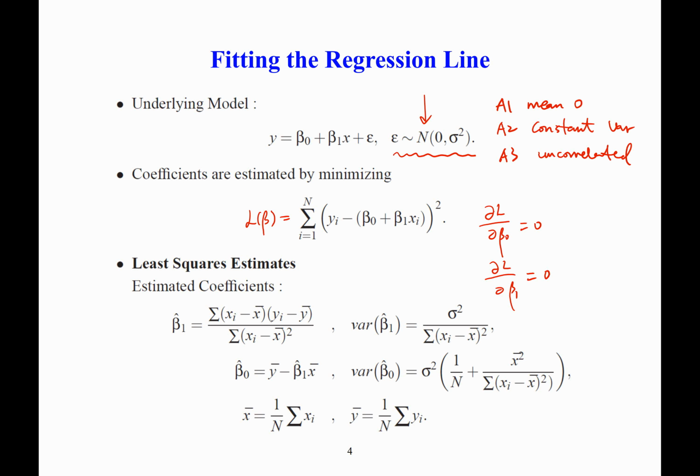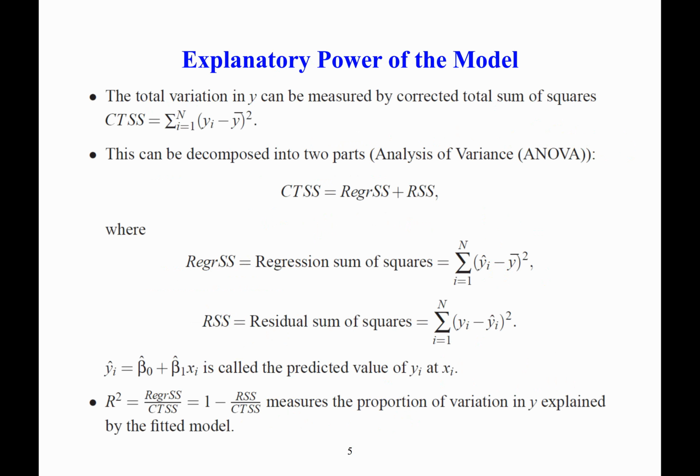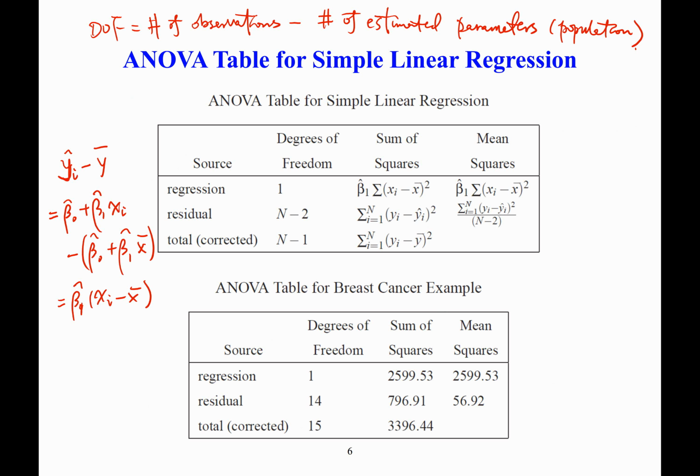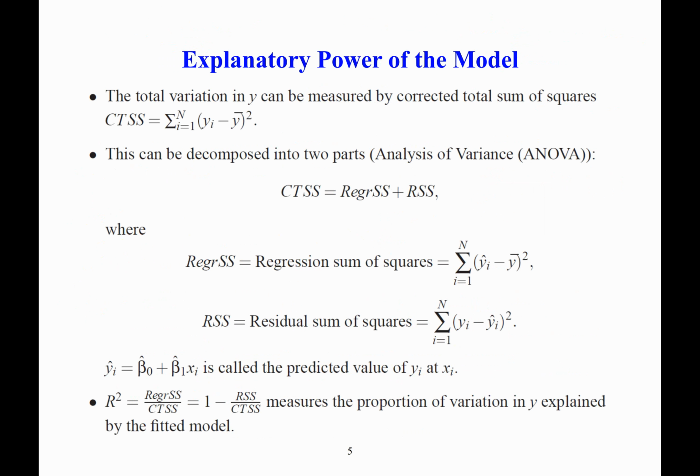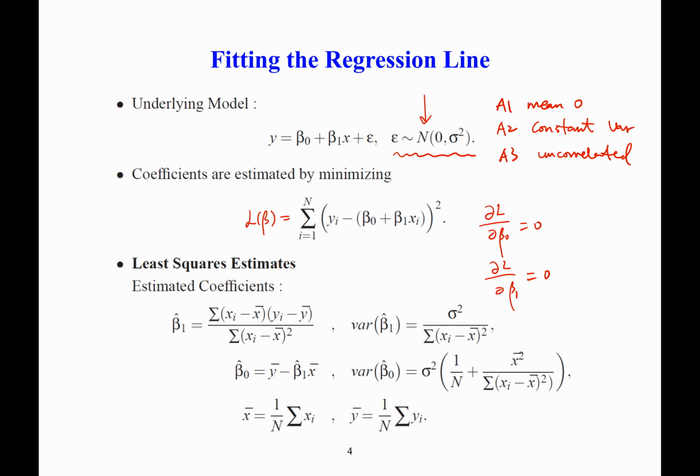Then we solve for beta 0 and beta 1. Then we will be able to obtain the least square estimate.